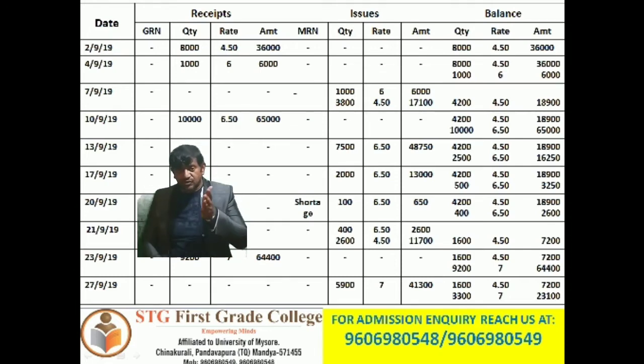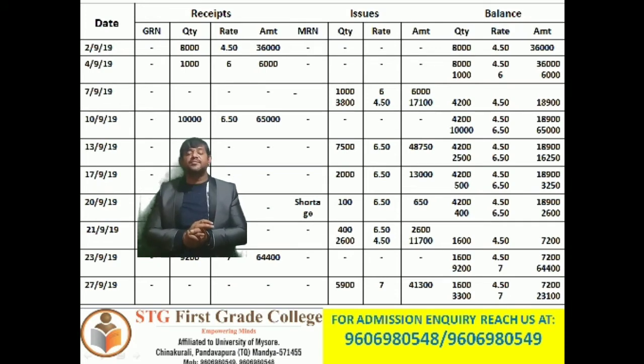Multiply 4,200 into 4.50, that comes to 18,900 rupees. So the balance on 7th September is 4,200 units at rupees 4.50, that comes to 18,900 rupees.